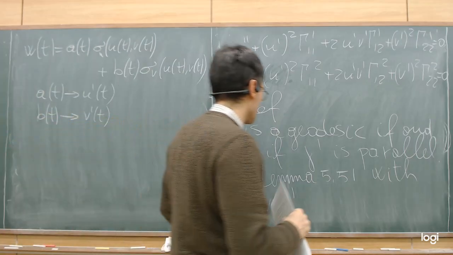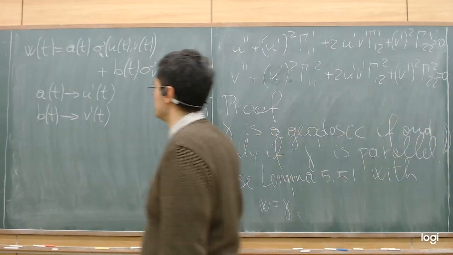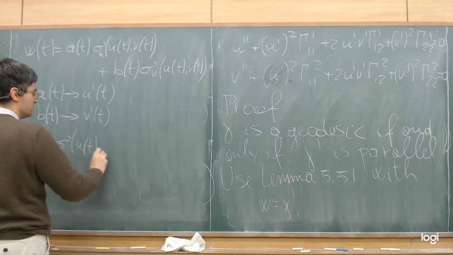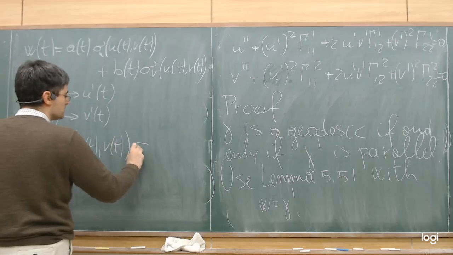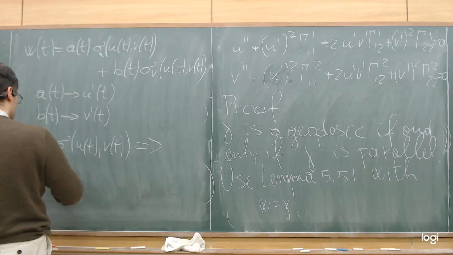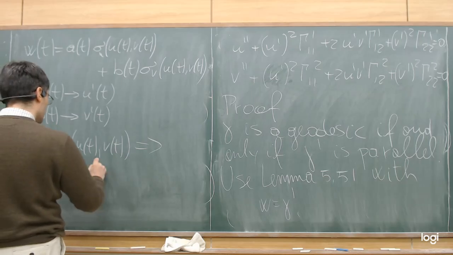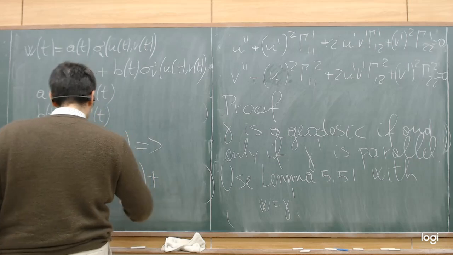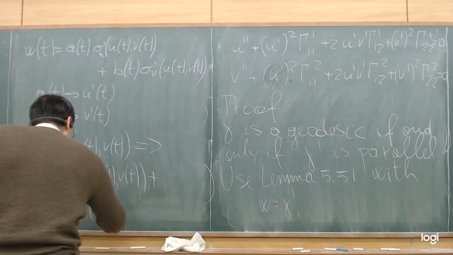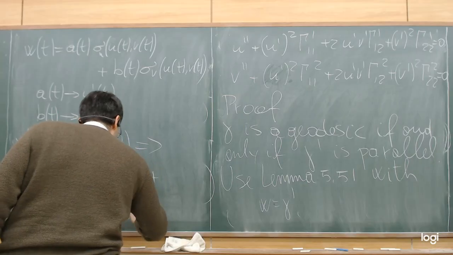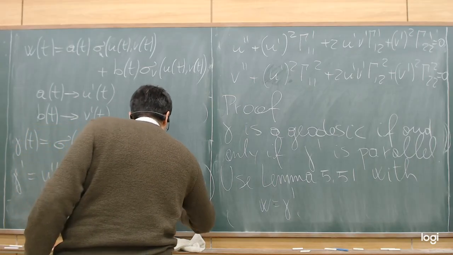Why? Because if gamma of t is a sigma_u u(t) v(t), then gamma prime is u prime of t sigma_u u(t) v(t) plus v prime of t sigma_v u(t) v(t).